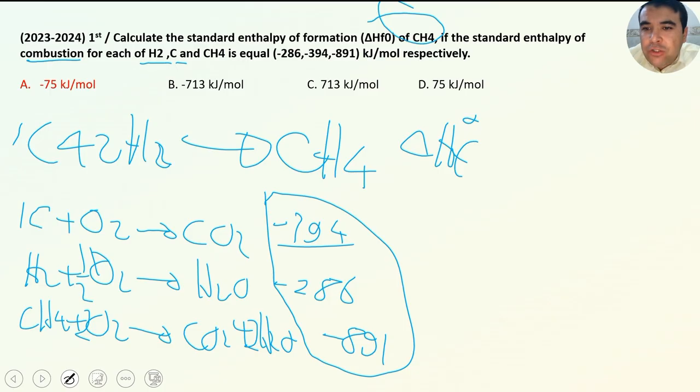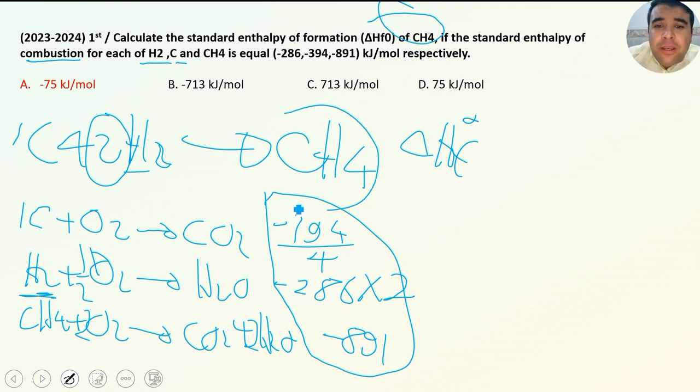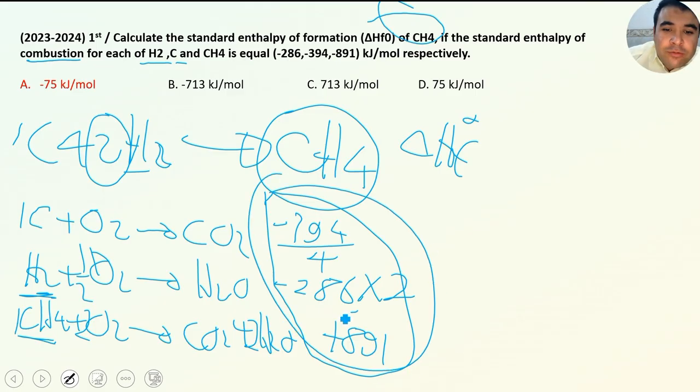For the second one, hydrogen is in the reactant, hydrogen here is in the reactant, 2 moles in the main equation, but there 1 mole, so multiply this by 2. Of course, plus. The last one, methane is in the product, here methane is in the reactant, 1 mole, 1 mole, so inverse it. Add them all together, reverse the reaction, so the sign reverses, and you'll get minus 75 kilojoules.